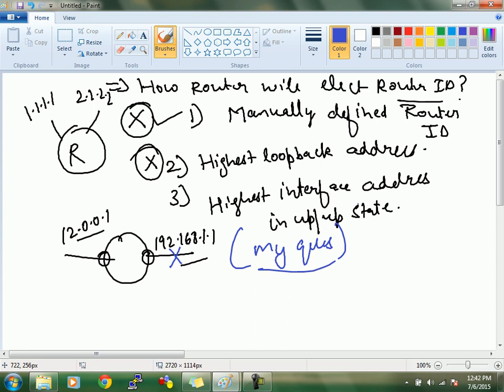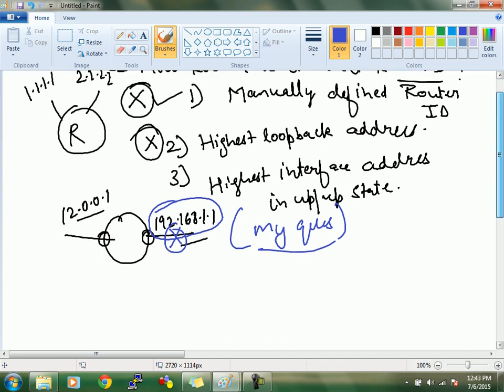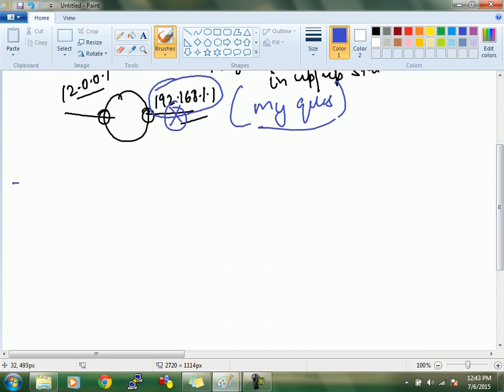If on a router we have two interfaces and the highest interface is elected as the router ID, and that interface goes down, will the router change its router ID or not? You have to look for the answer. From next time, ask questions like this.